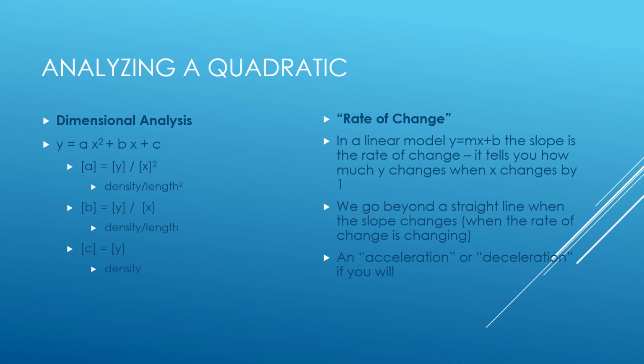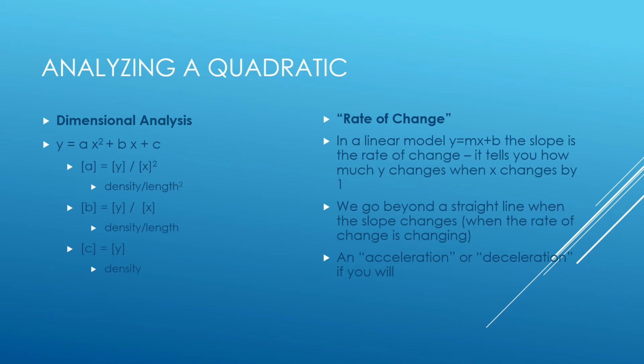To keep these units what they should be, the parameter a must have units of y over x squared, or in our example, density over length squared. The b must have units of y units over x units, or density over length. And c must have the units of y, density.